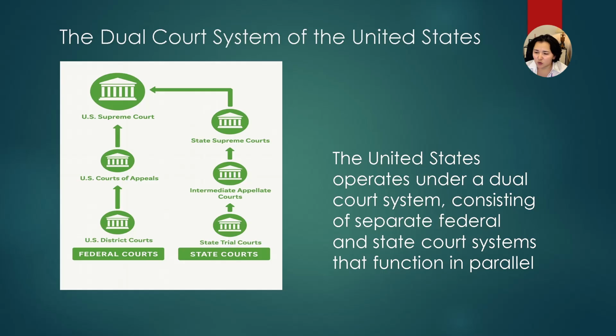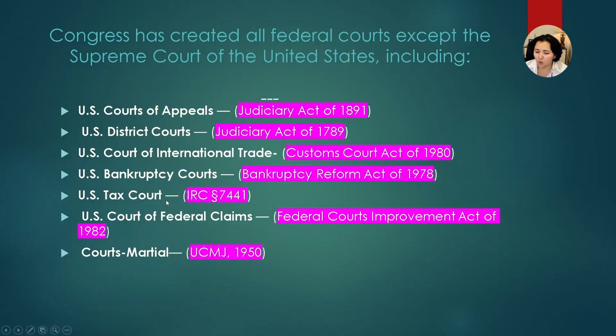It is essential to note that the United States operates two parallel court systems, federal courts and state courts. They function independently of one another, each within its own jurisdiction. Today, in this video, we will focus exclusively on the federal court system because the state court system will be examined in detail in the next video.